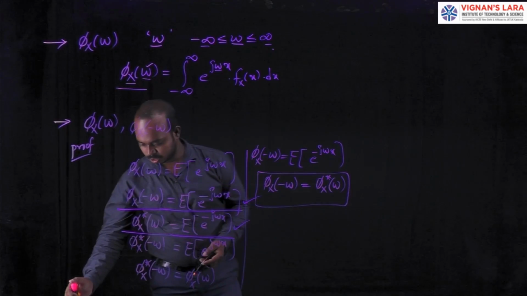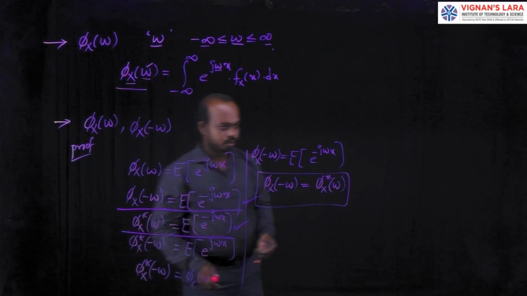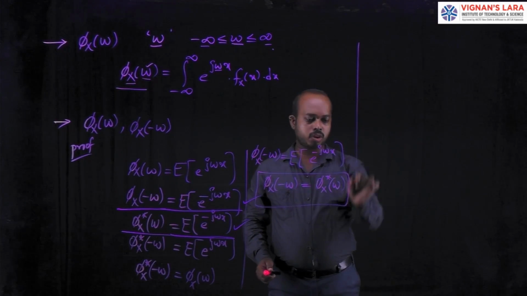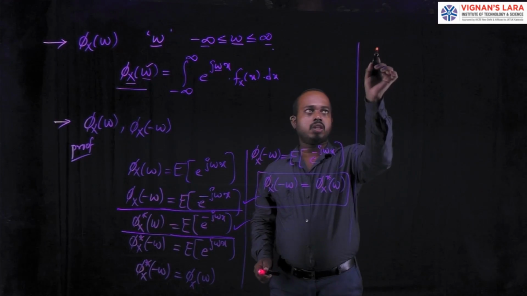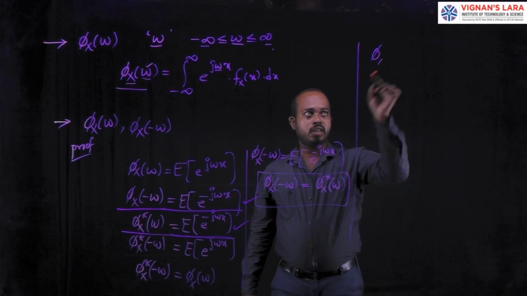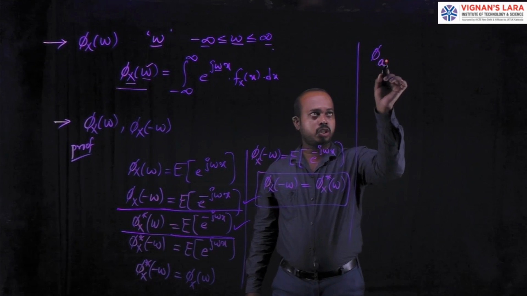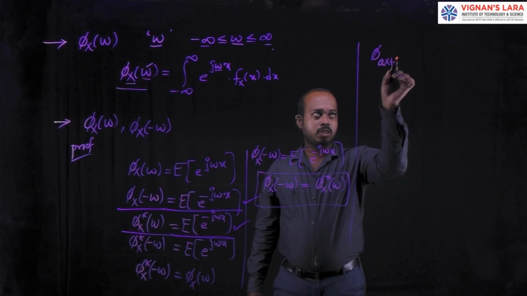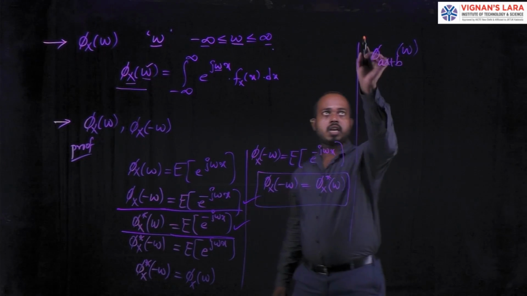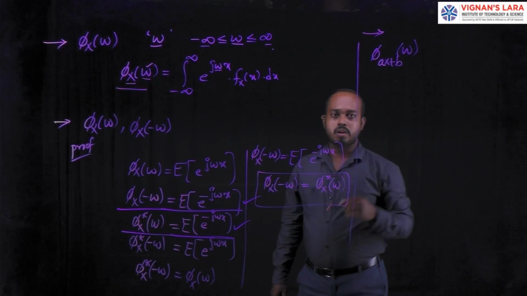Coming to the next property: you can apply the characteristic function on a linear equation. That one is φ, where in place of x you can replace with ax plus b, of omega. Here I am applying the characteristic function on a linear equation.